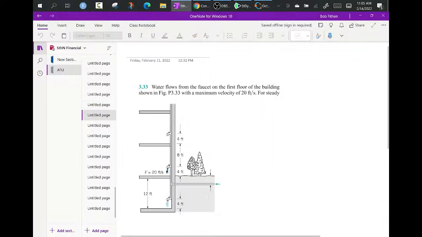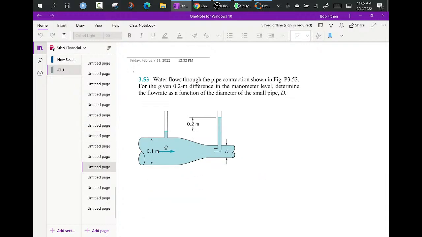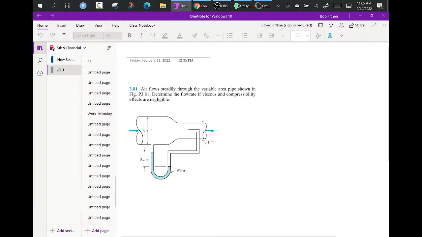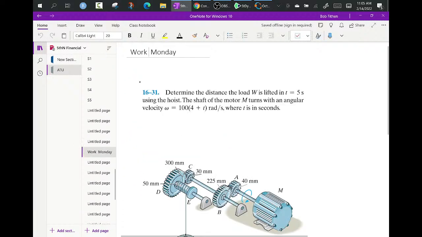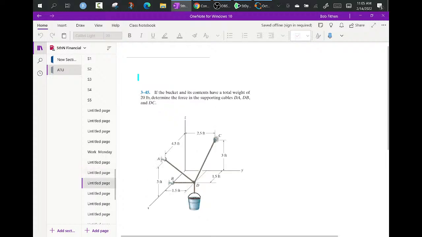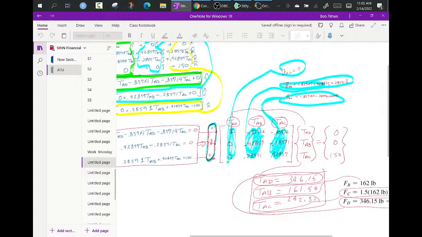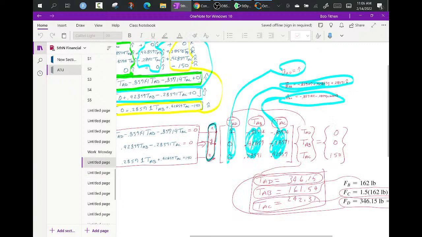So I had a whole series of problems. The question is, where did I put them? Okay, Monday, work Monday. Where did they go? Ah, there's one of them. Here's the other. So it looks like that's where I start. Looks like that is the last one I did.